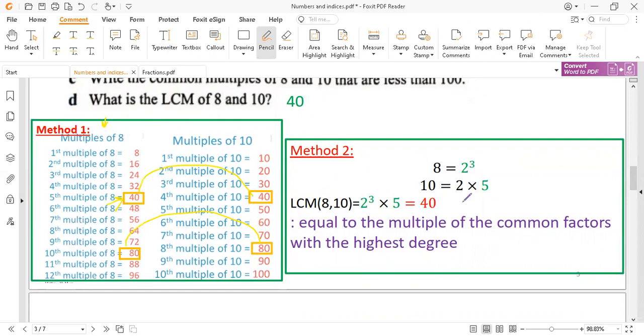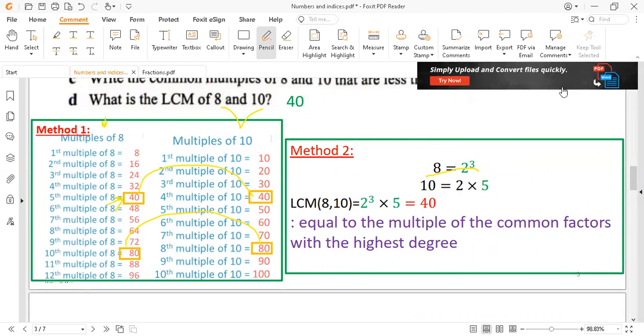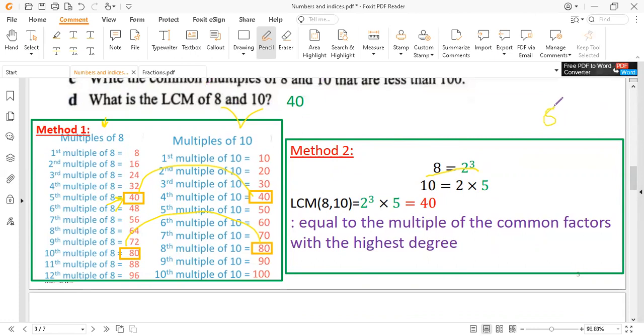We can take any numbers, but here both 8 and 10. We write these numbers as products of prime factors. We know that the prime numbers are 2, 3, 5, 7, 11, 13, 17, 19, and so on.